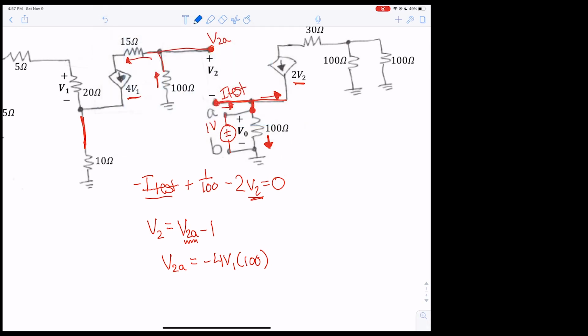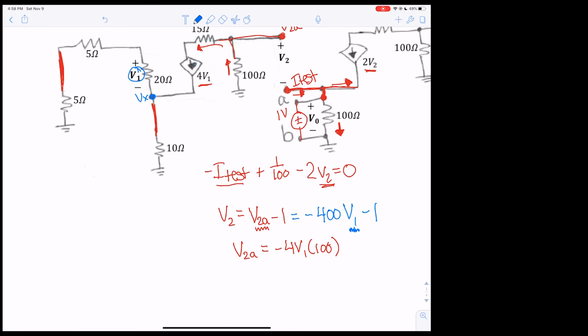So this becomes minus 400 V1 minus 1. And now V1 is an unknown. So V1 is here. And I can do the same thing I did before. Vx, I can locate it here and do a node voltage there. So Vx over 10 is going to be this current.